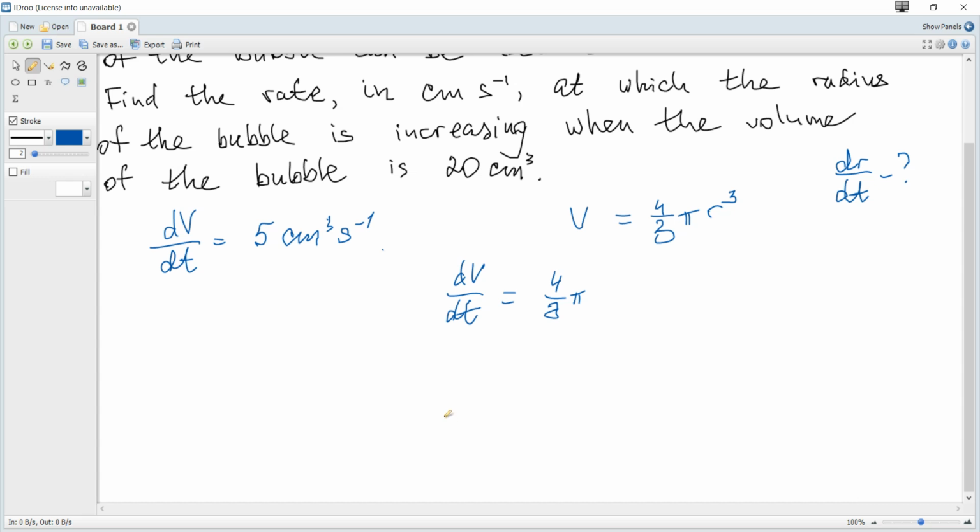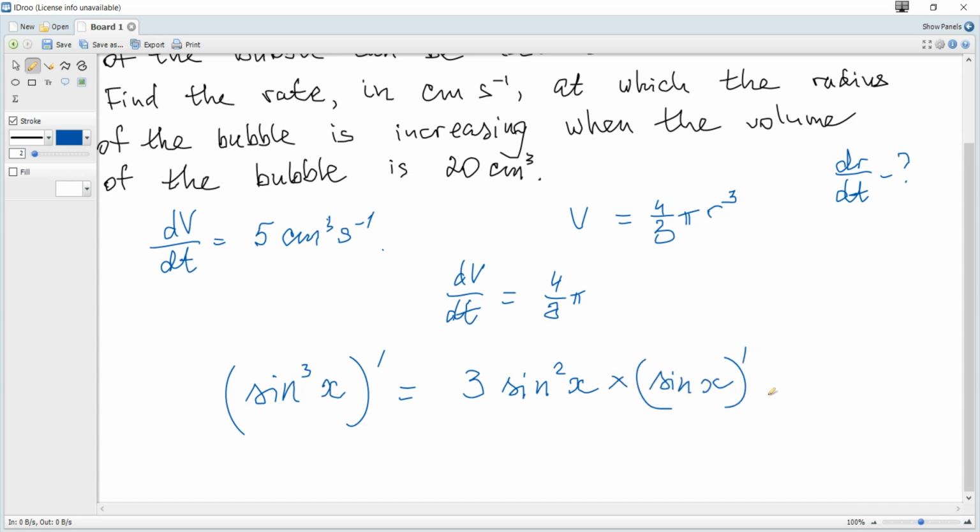And the chain rule says that if a function is raised to some power, for example sine cubed of x, and there is a power, we apply the same rule as for x cubed, and keep sine instead of x, so it becomes 3 sine squared of x, and this function's derivative, so sine derivative, which is cosine.